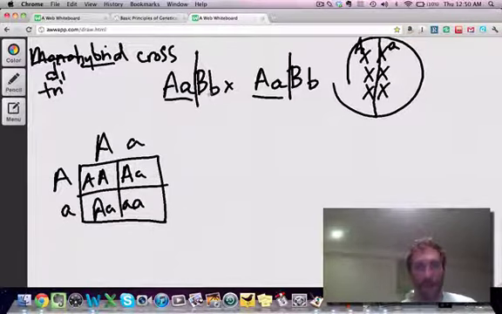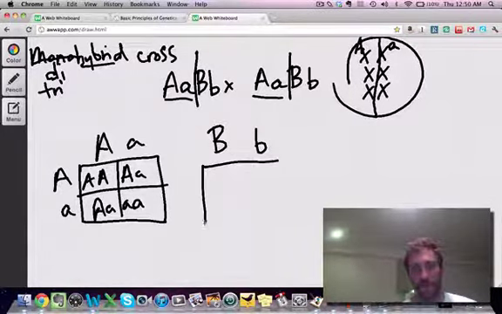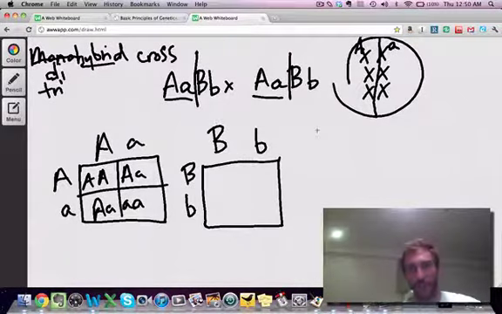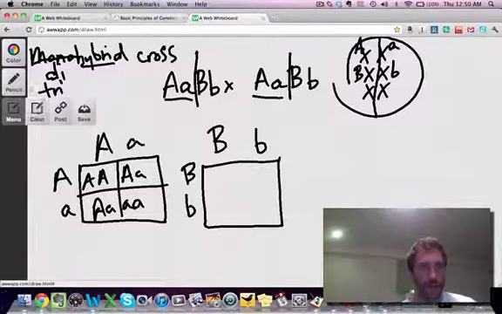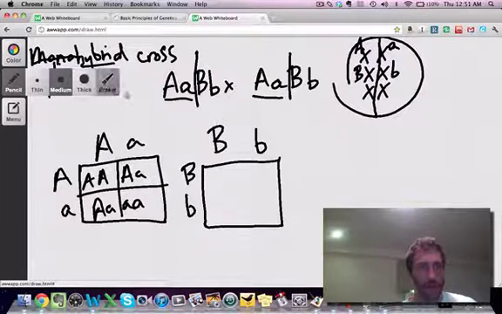Well, we can do the same thing with our B alleles, the same story, for the most part assuming that the B's are on different chromosomes. It could be big B, little b, or let me erase that.